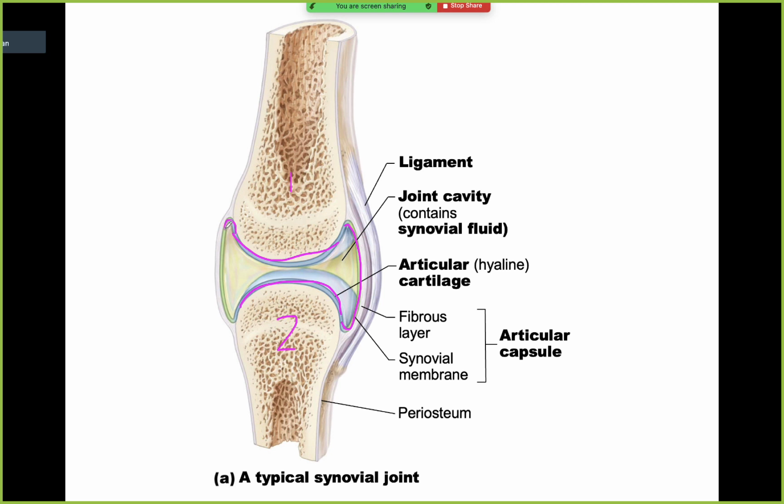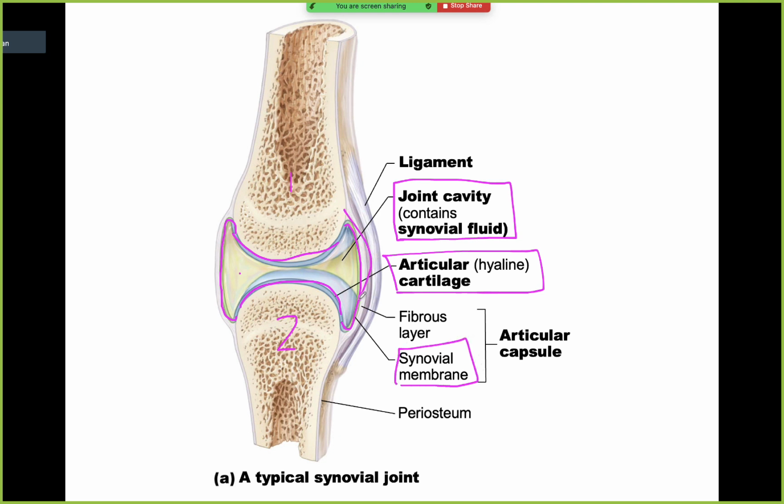This membrane creates a little housing compartment inside, and you need that compartment because you need somewhere to hold the synovial fluid. And this fluid acts as a lubrication. It also provides nutrients to the joint itself. So again, you have the bones, you have the articular cartilage, you've got the joint cavity full of synovial fluid, and that housing compartment called the synovial membrane.